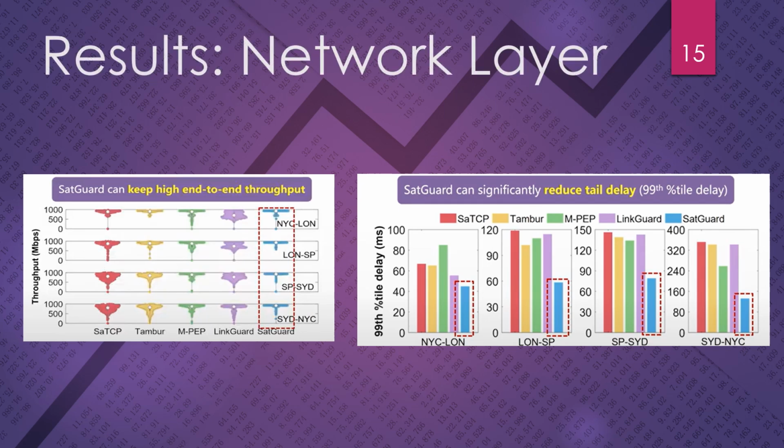In this slide, you can see that SatGuard shows significant improvement at the network layer by maintaining high throughput and reduced tail delay across all tested routes. The result highlights SatGuard's ability to provide stable data transmission and minimize extreme delay, ensuring better performance in the LEO satellite network.